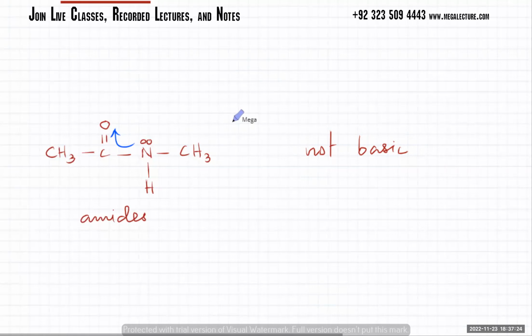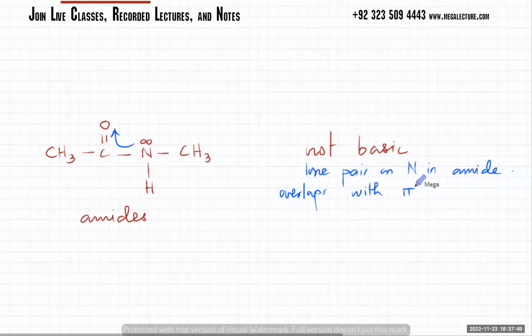No one is going to accept the H plus one. So it's not basic. And the reasoning will be that the lone pair on N in amide overlaps with pi electron cloud in C double bond O. Why?